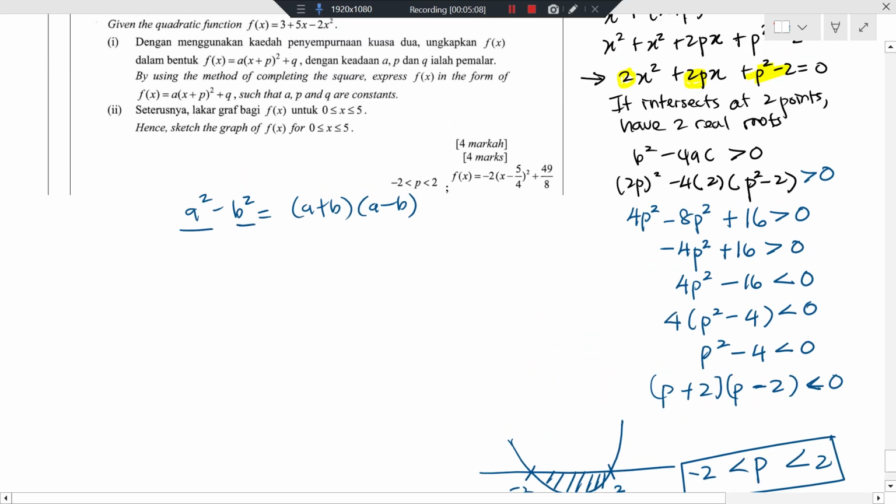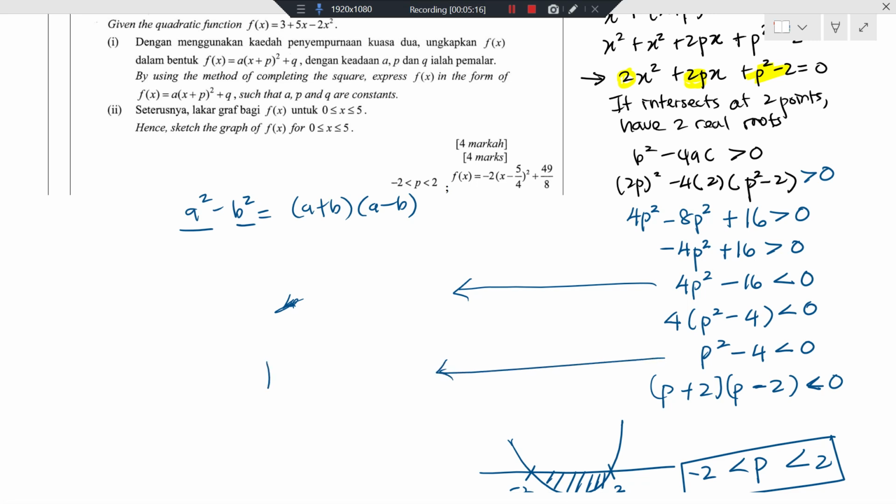Ada banyak orang dia selesaikan macam ni. From here, right? Dia suka selesaikan macam ni ya. Then they bring the 4 here. Then p is square root 4. P is less than 2 only. By this way, you will only get one answer. Okay, so which is wrong? Because you cannot solve like this, like a linear inequality.